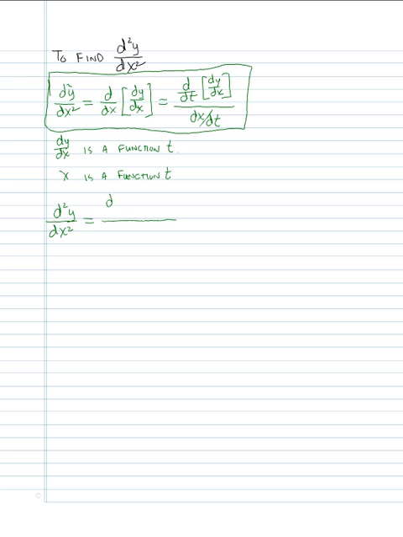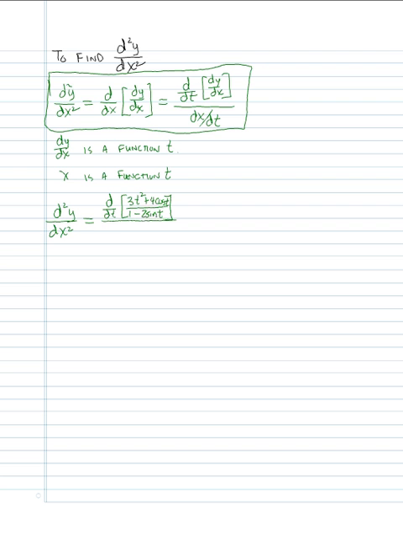We've got the derivative with respect to t of the first derivative. And the first derivative was the quotient 3t squared plus 4 cosine t divided by 1 minus 2 sine t. I kind of crunched that up accidentally.